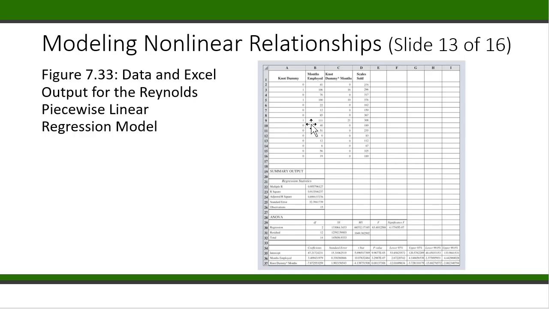So here's what the data would look like. And so if you look at that on your page 337, you will see that there is a knot dummy variable here.